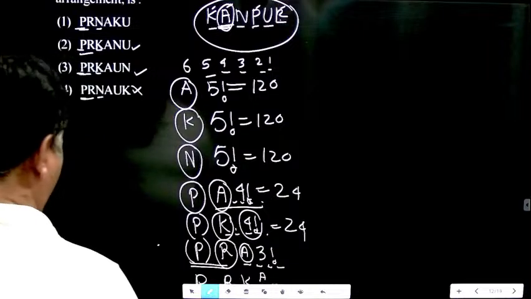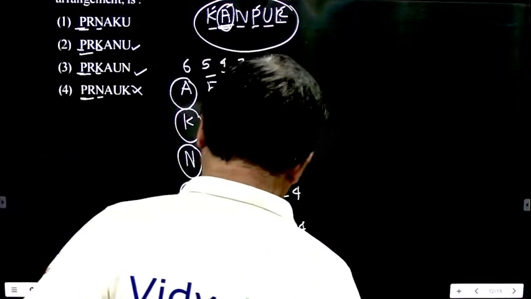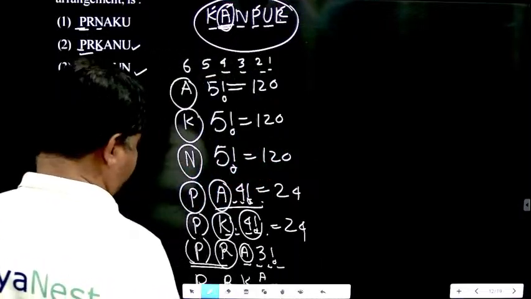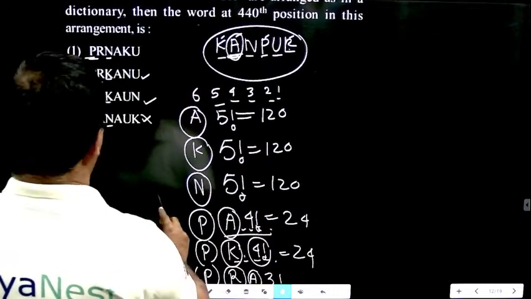See, with A I fix, K I had fixed, then R. I think there is one mistake.